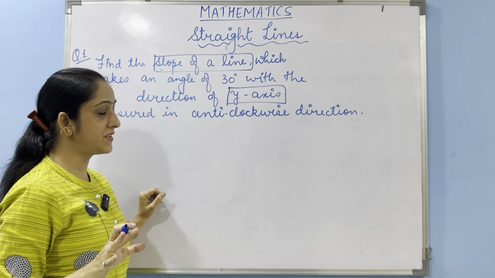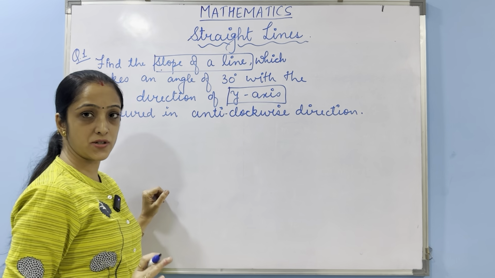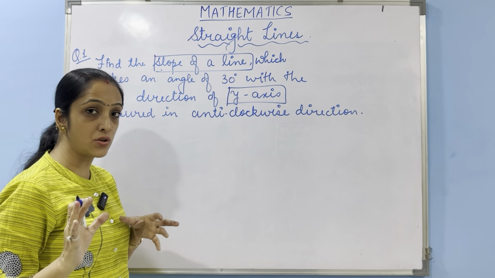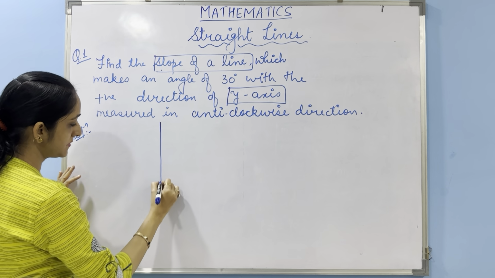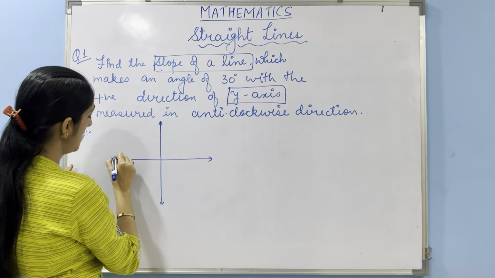See here, instead of the positive direction of the x-axis, the positive direction of the y-axis is given. So here we need to draw a diagram and understand how the line is making an angle of 30 degrees with the positive direction of the y-axis.